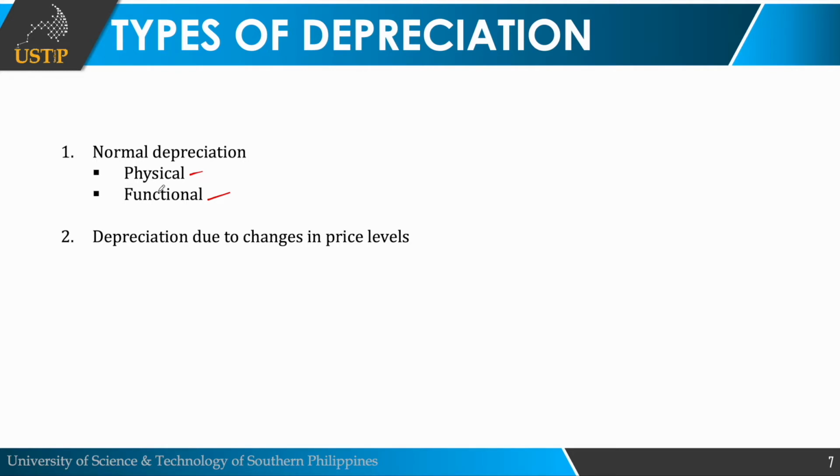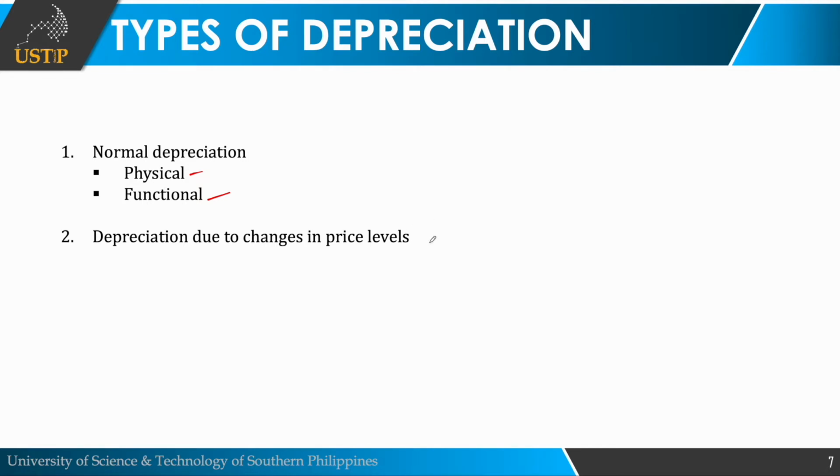So naggana pa siya, wala na lesson yung physical ability, but yung function is medyo daan na. So that's one of the reasons nga mo decrease ang value sa imuhang photocopier machine.